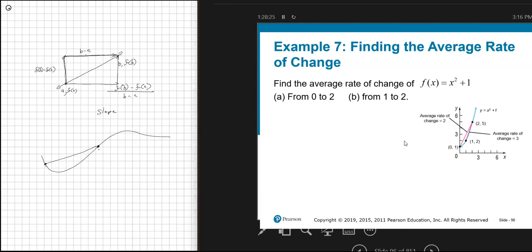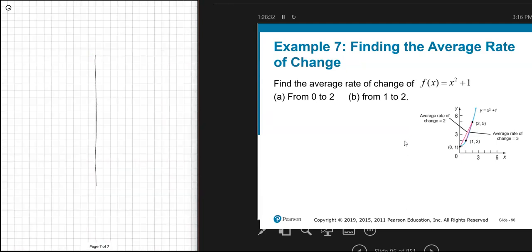So here we have a function. And the function is f of x equals x squared plus 1.